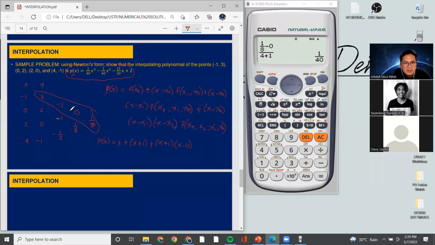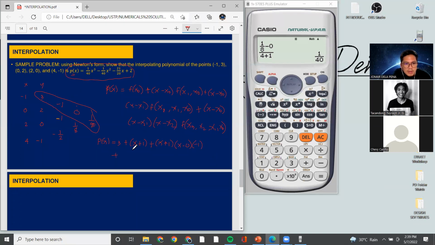That is equal to, ila? Dili din siya 2 ba? 3. Diba? So 4, 3, negative 1. Then we have negative 1. x sub 2 is negative 1. This is negative 1.